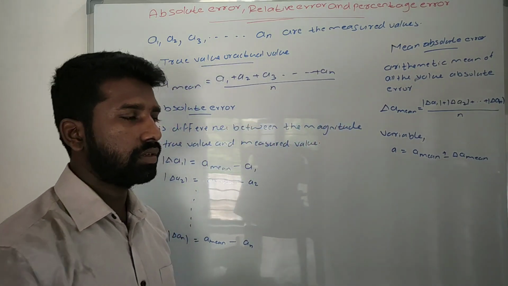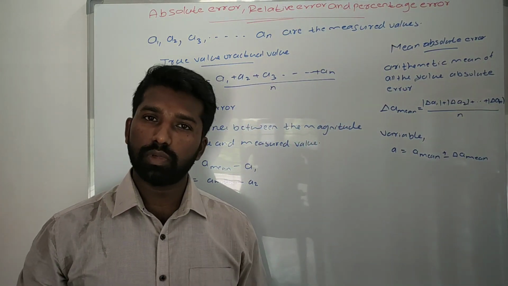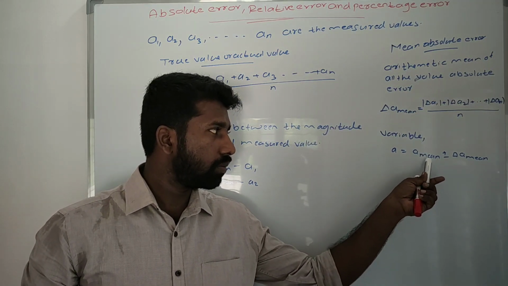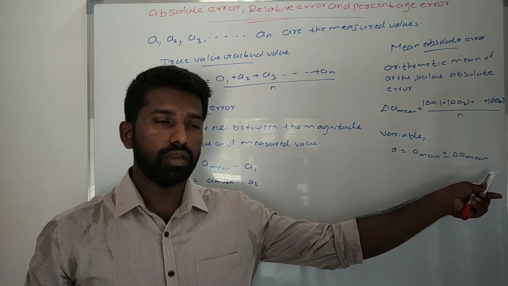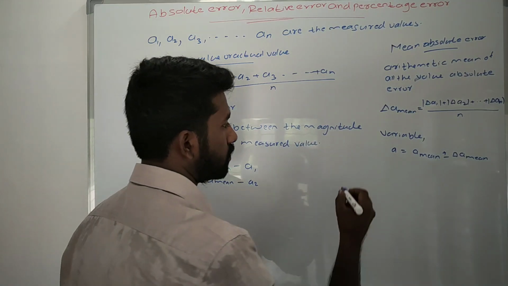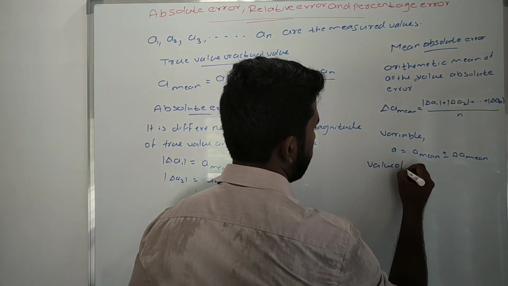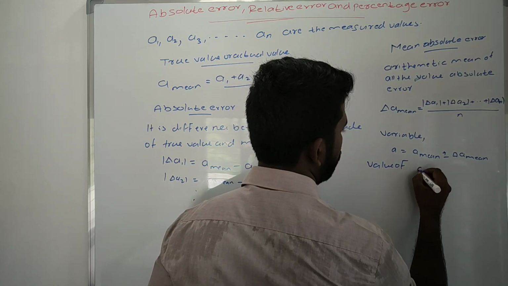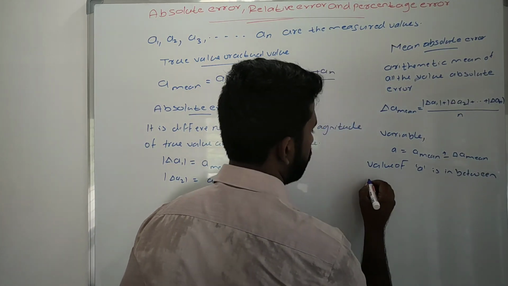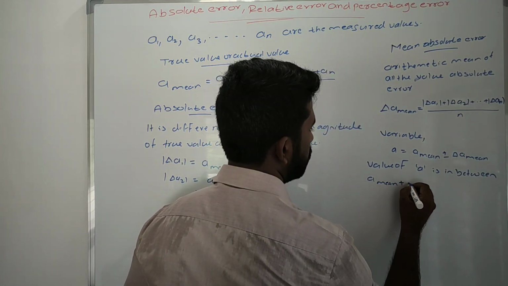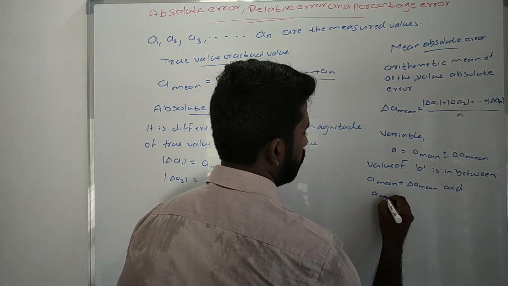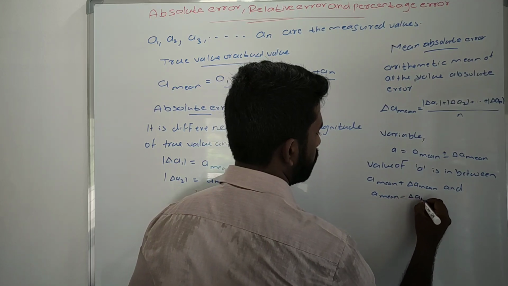That means if any other person measures, the value of A will be between A mean plus delta A mean and A mean minus delta A mean.